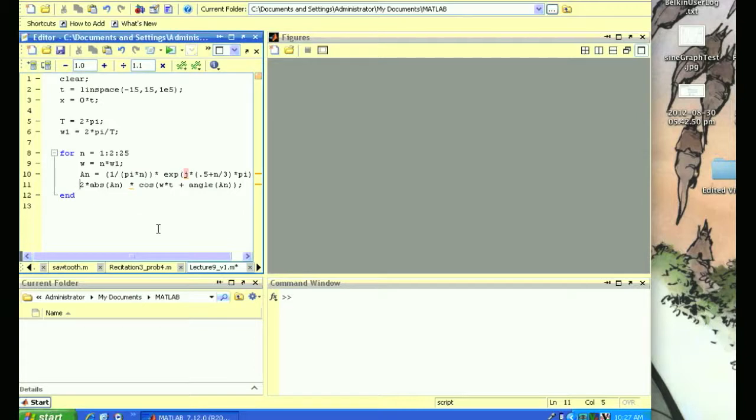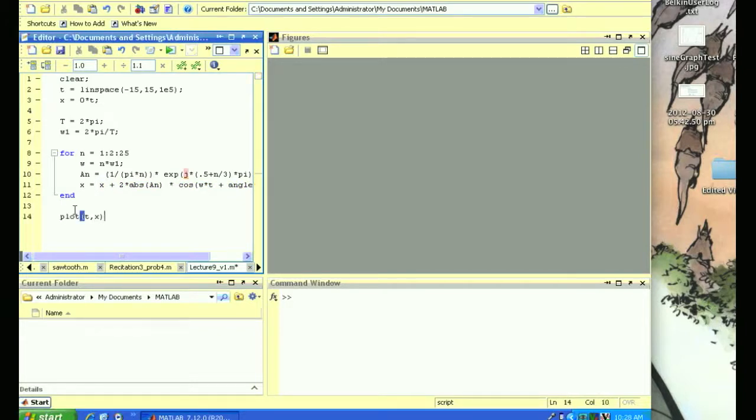I've got to add it into x. So I'm going to say x equals x plus, taking my existing x and adding in this new cosine. And when we're done, plot t comma x.